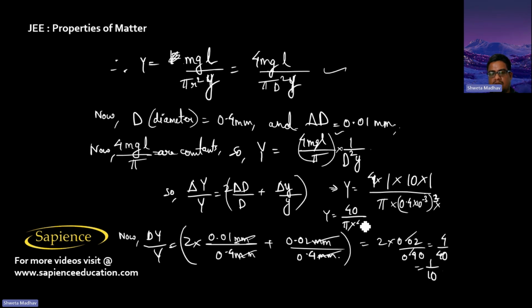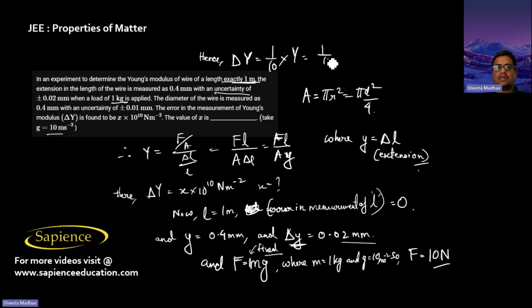So this will be 16 times 4, that is 64, into 10 to the power minus 4 minus 3. So this will be 10 to the power 13 by 16π, this much Newton per meter square.